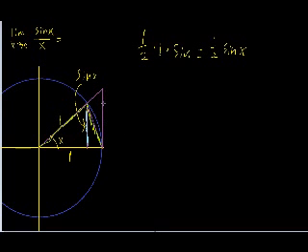this length right here. I'll do this in kind of a blue-gray. Alright, this right here. Now, so let's think about this logically. In the unit circle, you have angle x, and let's go back to the SOHCAHTOA thing.